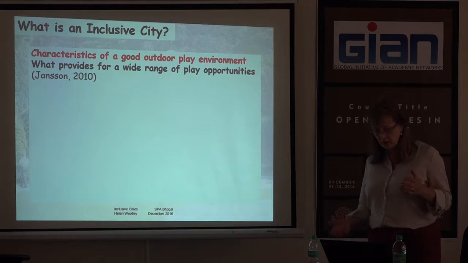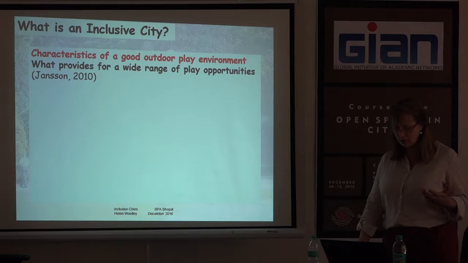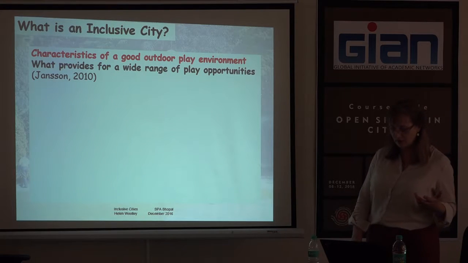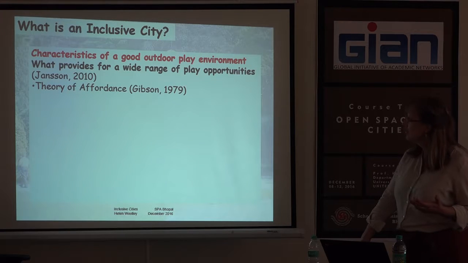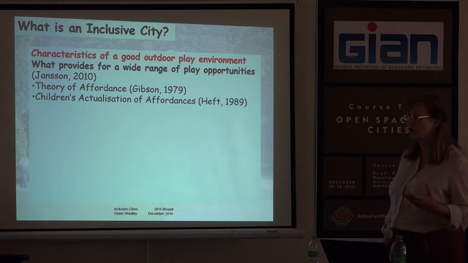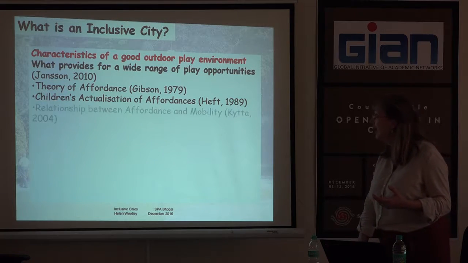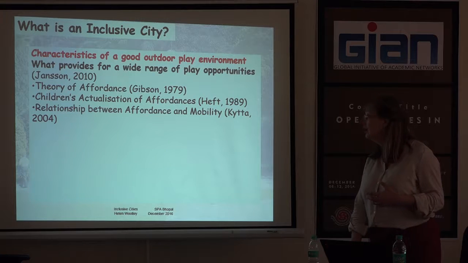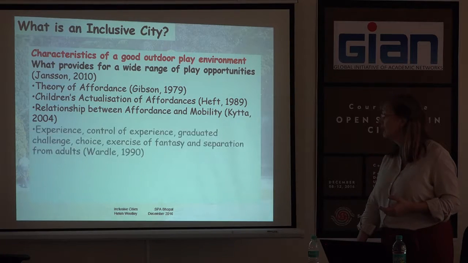If we counter that with a little bit about what is a good outdoor playing environment, we've looked at that in the earlier lecture, but there are just a few other things to run through. Margaret Johnson has a lovely paper in Landscape Research where she talks about Gibson's theory of affordance, that is, people will use spaces even if they're not designed for a particular activity, how those affordances are actualised and how mobility can be facilitated if those affordances are there.